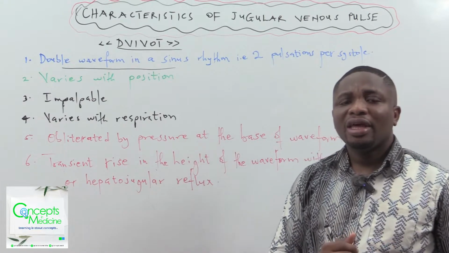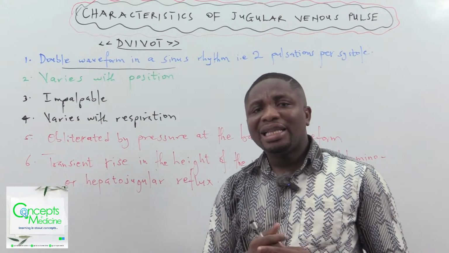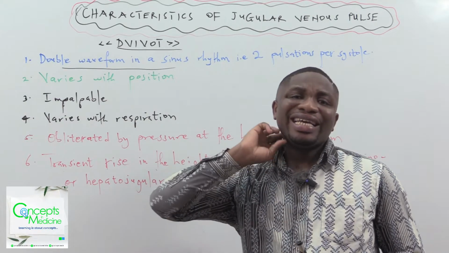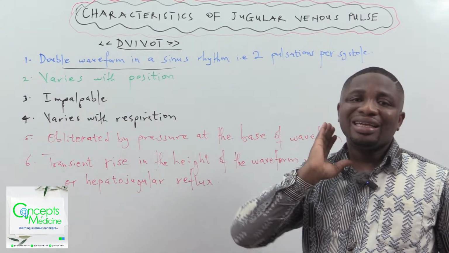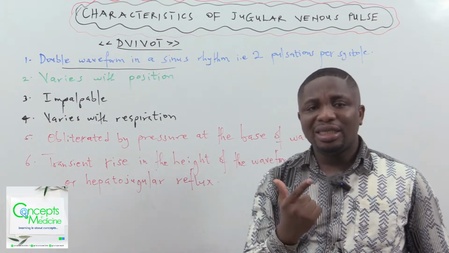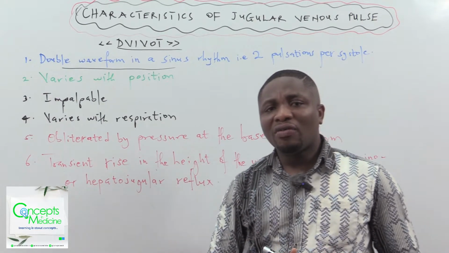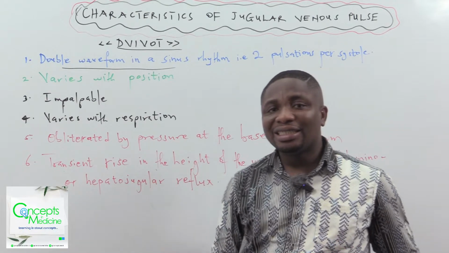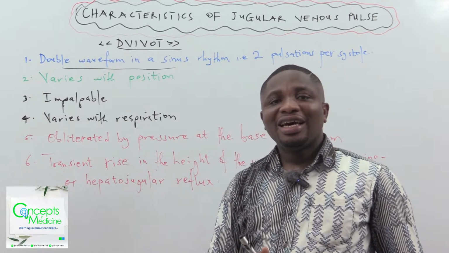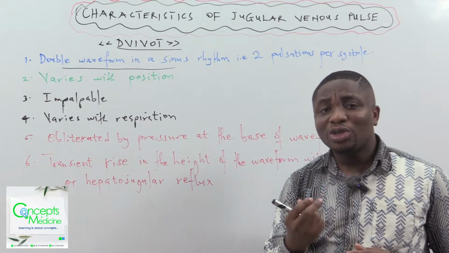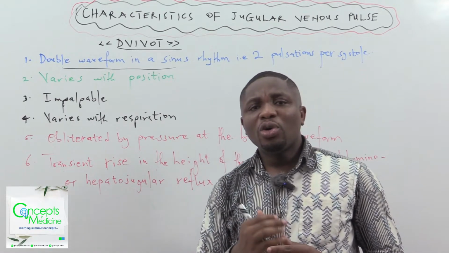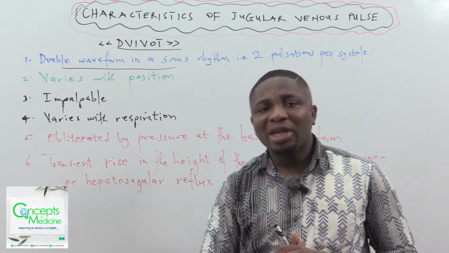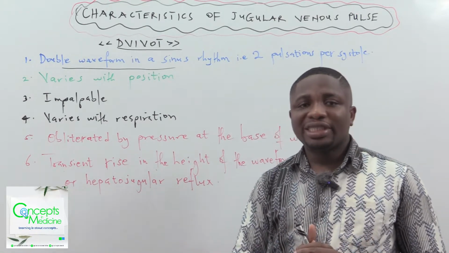To ensure that the upper level of the jugular venous pulsation is located in the neck, because it is only at the level of the neck that you can see it. If you put the patient in the supine position, the upper level of the jugular venous pulsation will run beyond the angle of the jaw into the intracranial cavity where it cannot be seen.